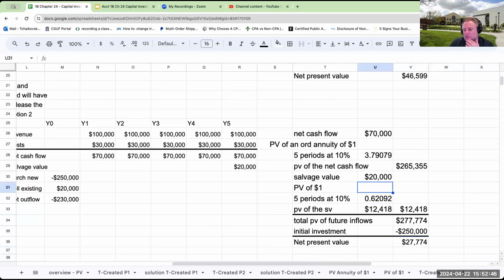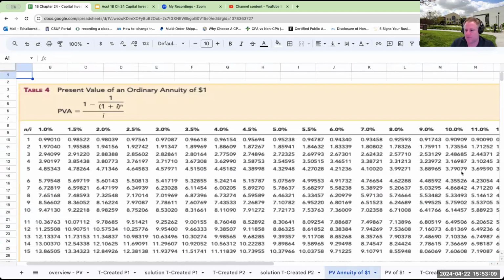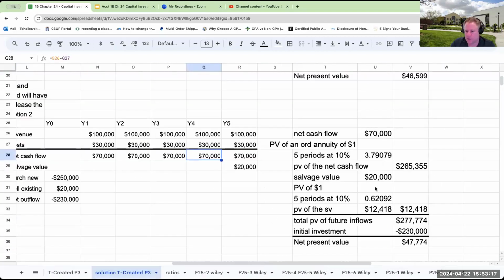So when I look at this over here in terms of my net present value, my initial investment is 230,000. Net cash flow is 70,000, 5 periods at 10%. Again, this is an annual amount. 5 periods, 10% is 3.79079, using the same exact factors, right? This is not changing.